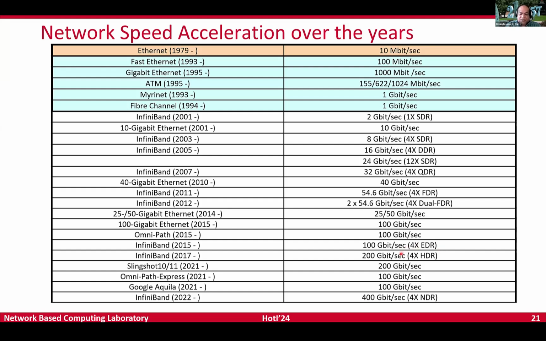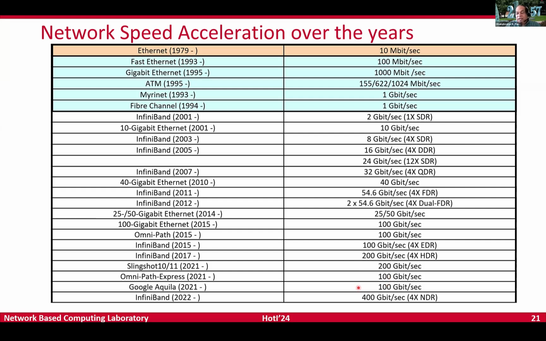They came to 100 gigabits per second. 2017 was HDR, high data rate, at 200. And then Slingshot was introduced from Cray, which is 200 gigabits per second. Omnipath Express was introduced. It is basically built on Omnipath, but with a little bit of variation. We'll talk about that. That was 100 gig.